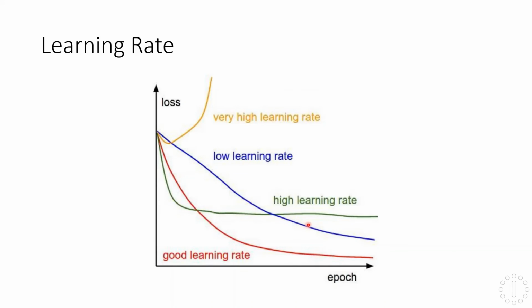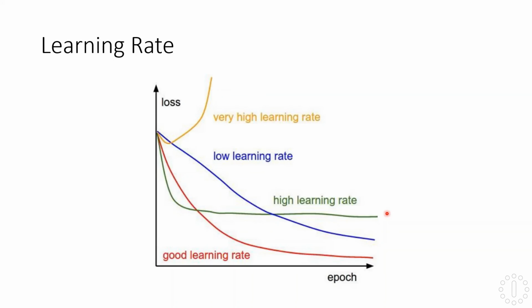So we go towards some kind of solution, and we do get a lower and lower error, but this happens very slowly, and it would take very long to get to the correct result. If we have a high learning rate, then maybe we can't get the loss as low as we want.